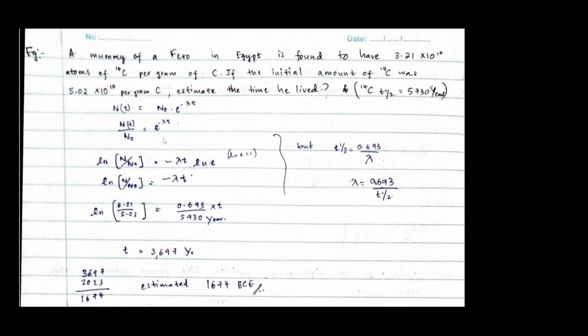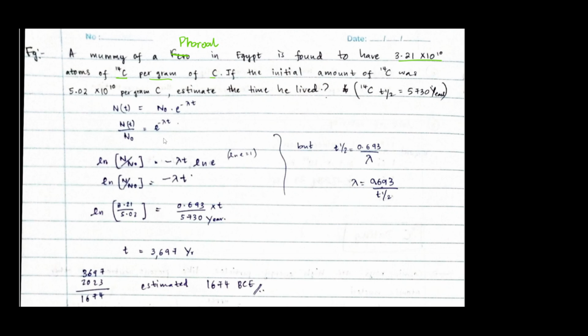So, a mummy of a pharaoh in Egypt is found to have 3.21 into 10 to the power 10 atoms of C14 per gram of carbon.